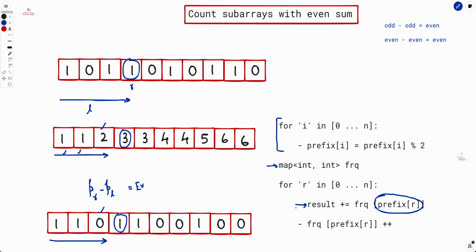Every time we enter this loop, we are also incrementing the prefix of the current index. So when we cross this, we'll add 1 to the one key of this map, right? So this entire solution would work in order n, right? Because we are just iterating once over the entire array and doing some constant operation here. This map can be replaced with unordered_map if it is C++. So this entire algorithm would run in order n, right?